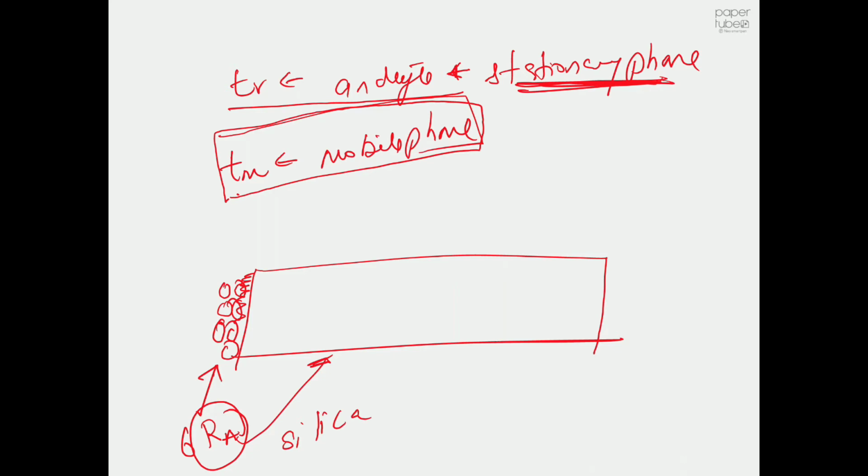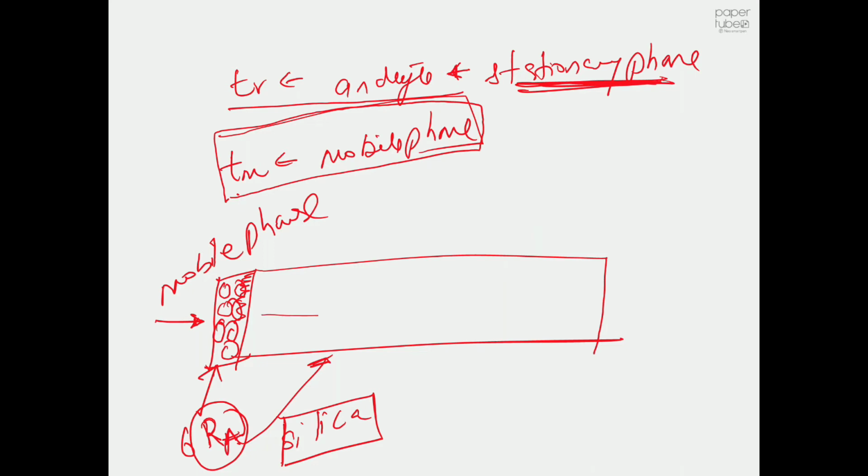Then once you supply your mobile phase, it will carry this analyte plug, which is nothing but some reference compound, and then you will get the same distribution at the end.